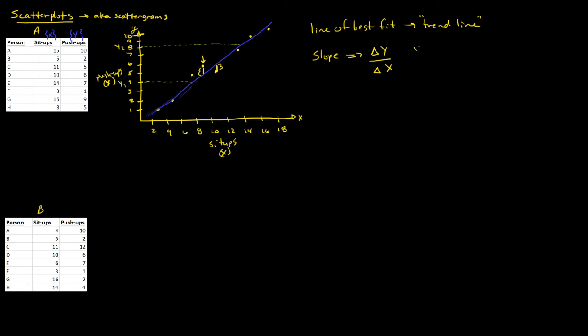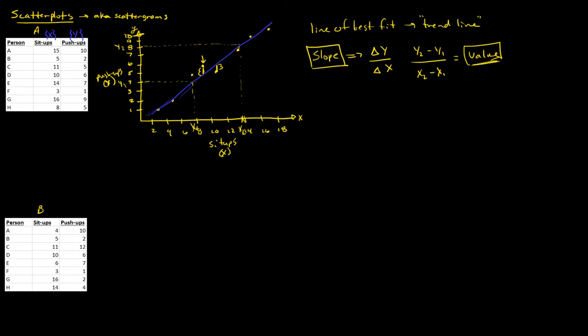So you do y2 minus y1 over x2 minus x1, taking the x values that correspond, and this would give you some value, and this value is the slope, and that slope is going to be important to us when we're looking at the correlation.